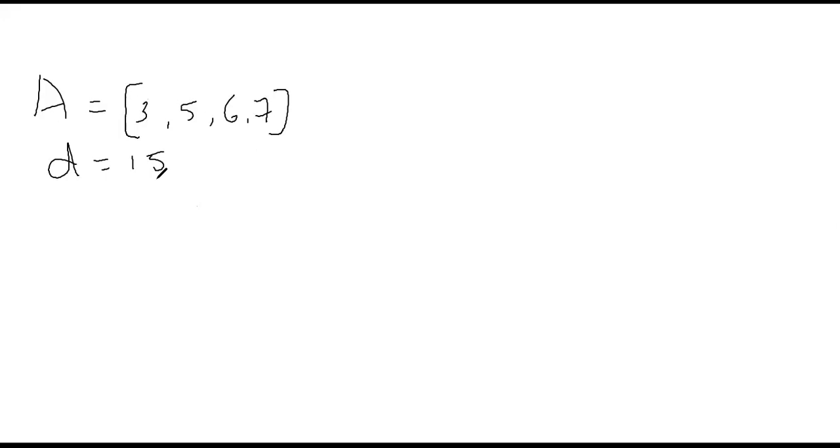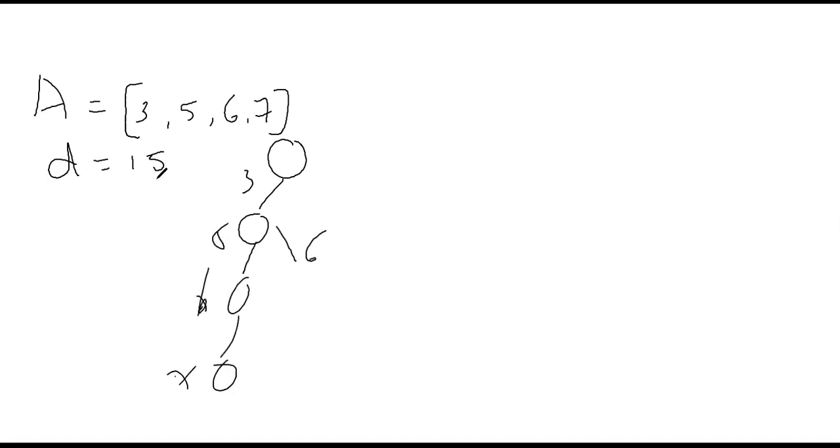Or if I ask you to draw some tree for this and then get me the solution, usually what will happen is you will first take 3, then check whether this is possible for 5, then check for 6, then check for 7, addition of 6 and 7, all those things you're going to check. Then if it is not possible, again do for the next thing.